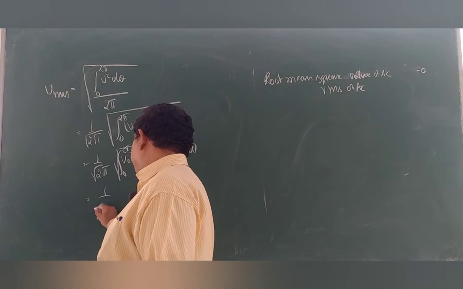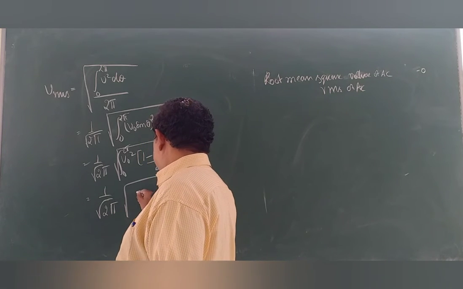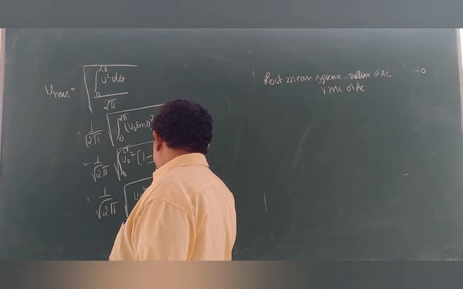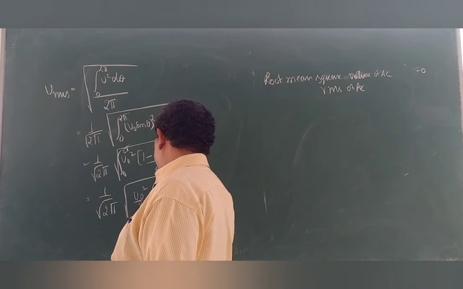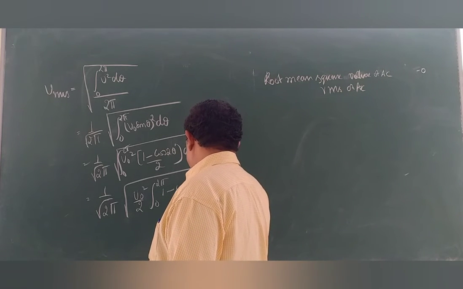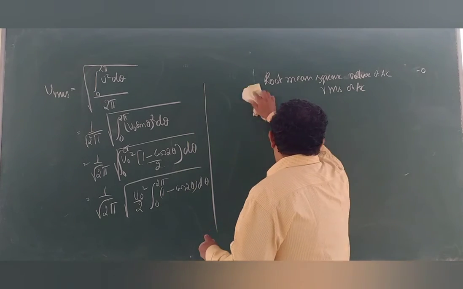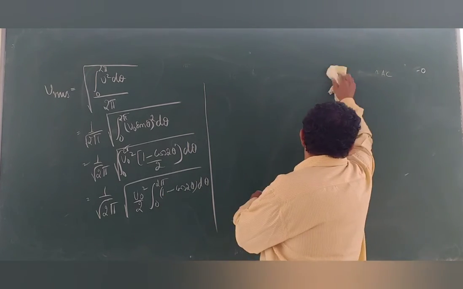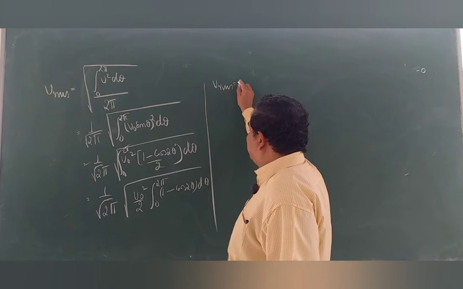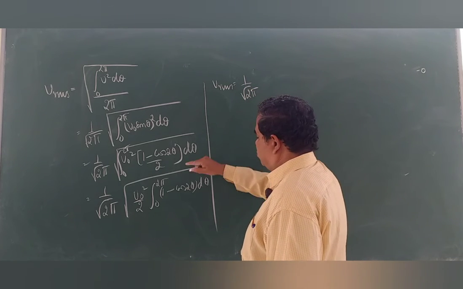Now 1 by root of 2 pi, root of V naught square we can take out, integral from 0 to 2 pi, the 1 by 2 also we can take out, 1 minus cos 2 theta d theta. Say if we go for the integration finally, we get it like this. Vrms equals 1 by root of 2 pi, V naught square by 2.